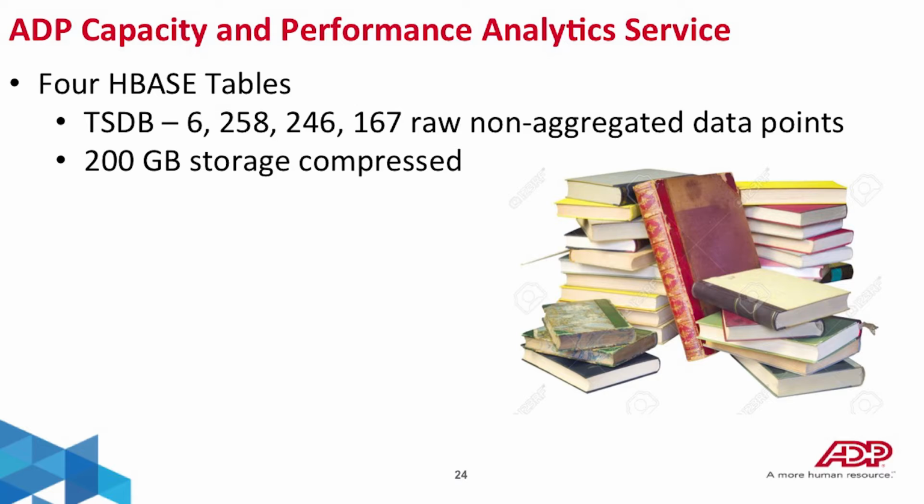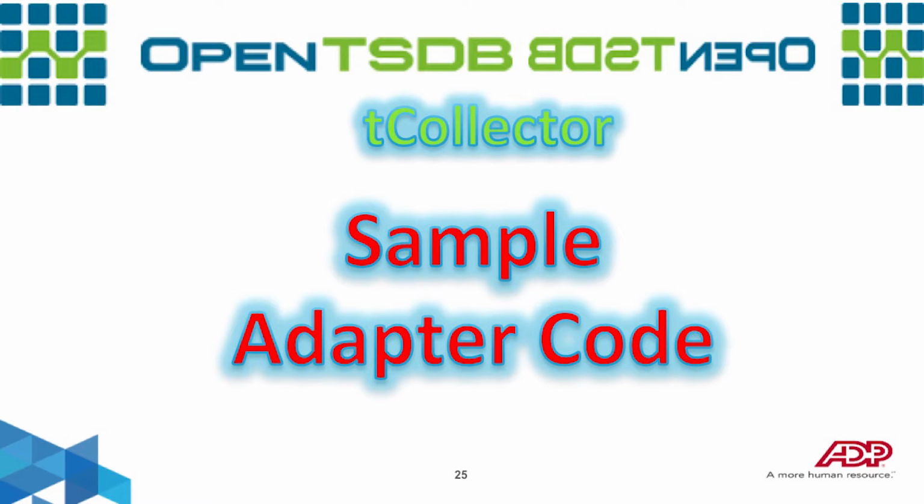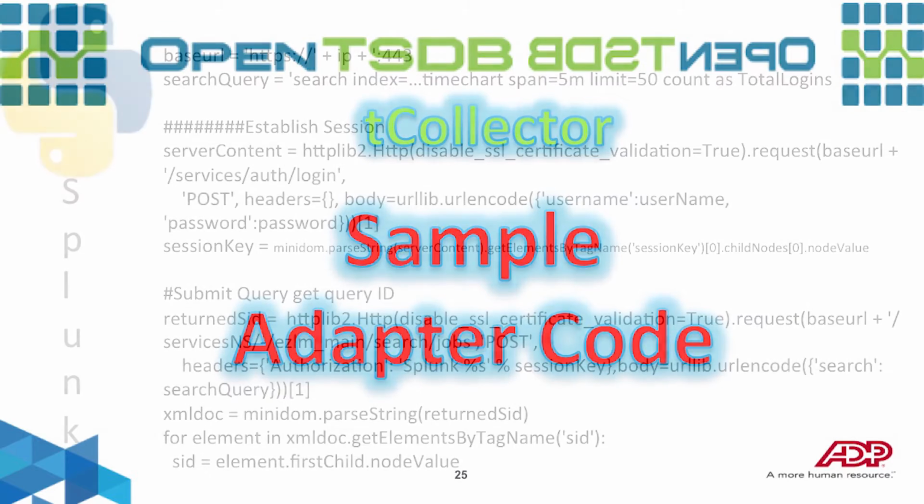Our Splunk installation is multiple terabytes, and we only store data there for maybe 30 to 60 days, depending on application. So the compression is just phenomenal on what we can do with this. 58 unique adapters going after just about every data point that we have in our systems.